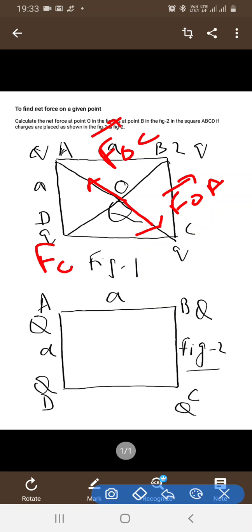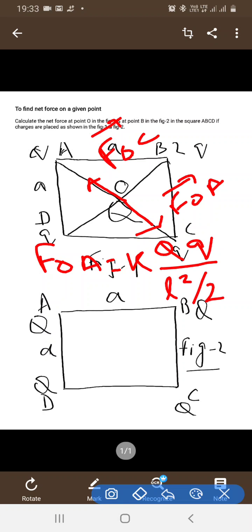Here we can see FOA is equal to K times charge at O, that is capital Q, multiplied by charge at A, that is small q, upon OA square, and OA square will be L square by 2. How?